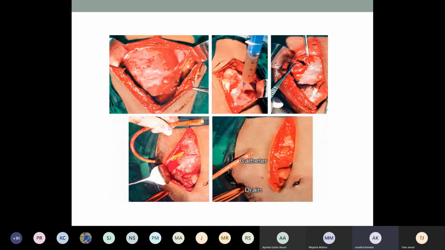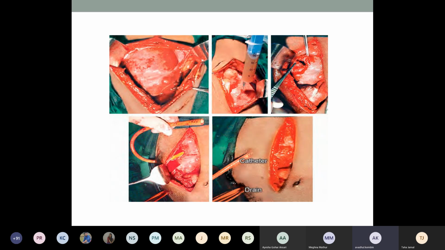A few diagrams showing the liver. Then the exact site of the abscess is confirmed by aspiration with a syringe. The abscess cavity is opened. All abscess intraseptal cavities are broken down with a finger or sinus forceps, converting it to a single cavity.